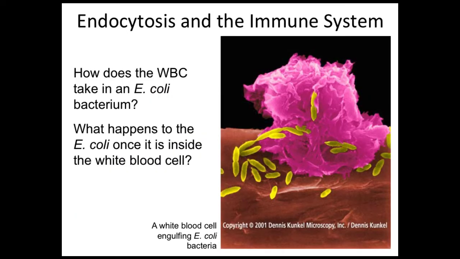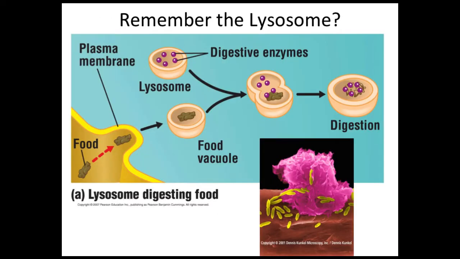Here's an example for how endocytosis functions in our immune system. As you might know, we have white blood cells, which play a huge role in helping our body stay healthy. For example, here's a picture of a white blood cell that's engulfing some harmful bacteria in our body.